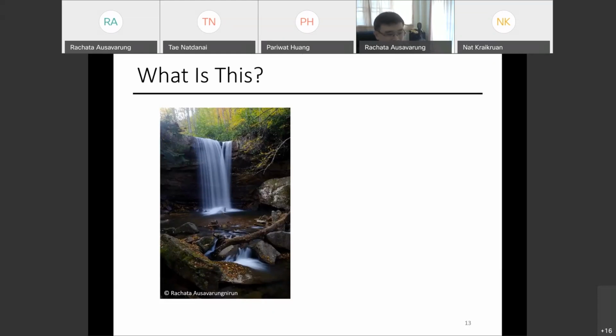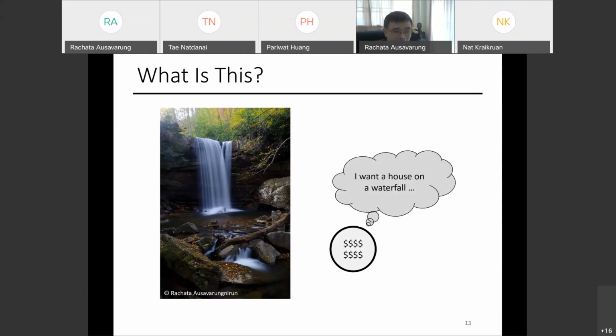But there was a guy with a lot of money back in the day, I think it's 100 or 200 years ago, that said, hey, I have money. I want to build a house on the waterfall. Is that a demanding question?